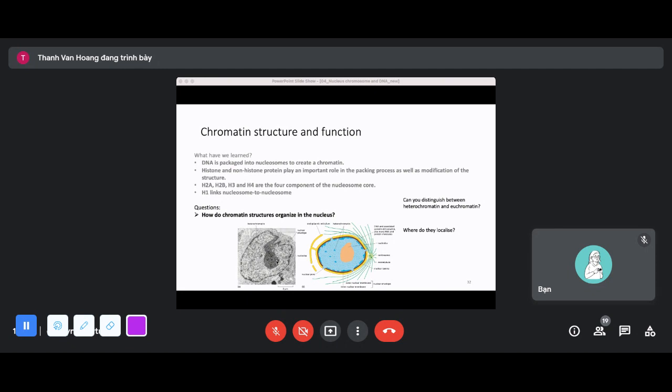To store the DNA and chromosomes. Mm-hmm. And the most well-known function of the nucleolus is to synthesize what?